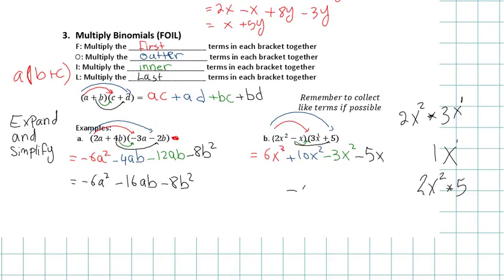So what's my coefficient for this one? Negative 1. Yeah. So negative 1 times 3 is negative 3. x times x is x squared, because you add the exponents, and they're going to give you 2.